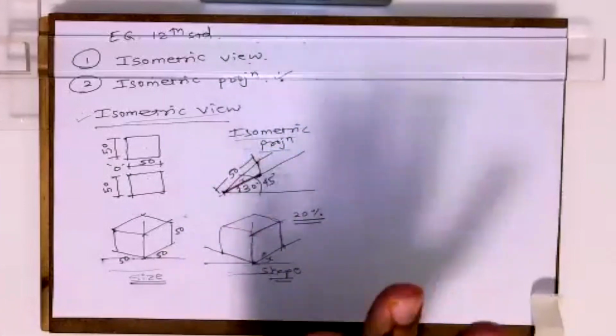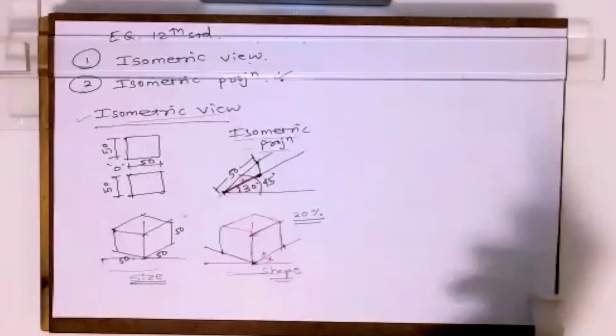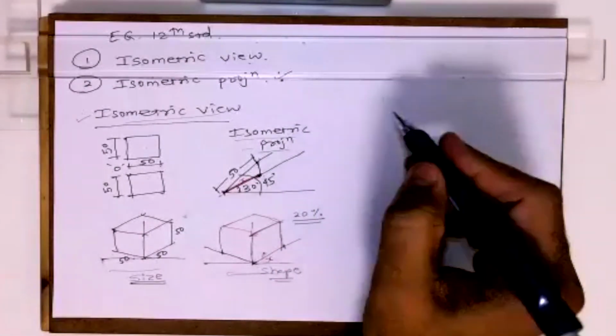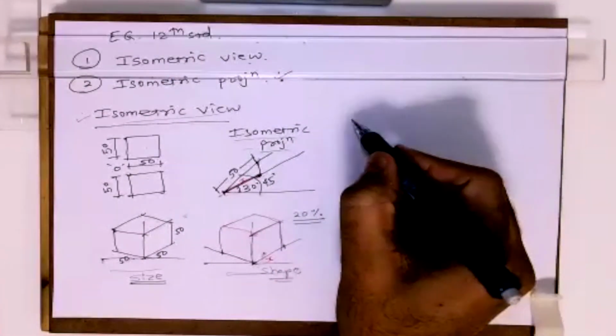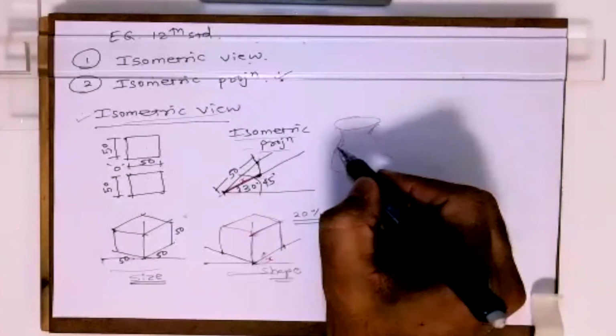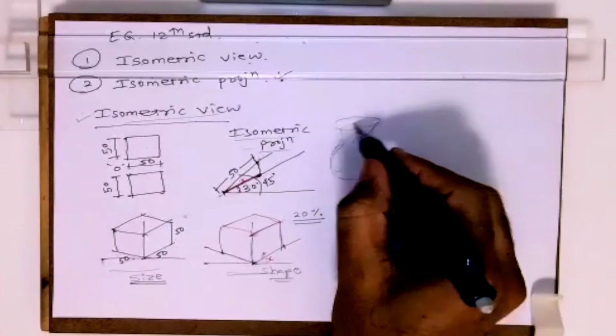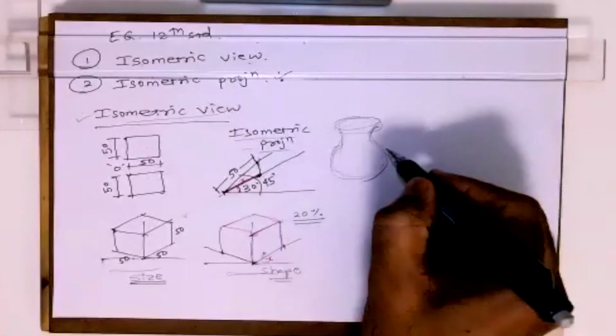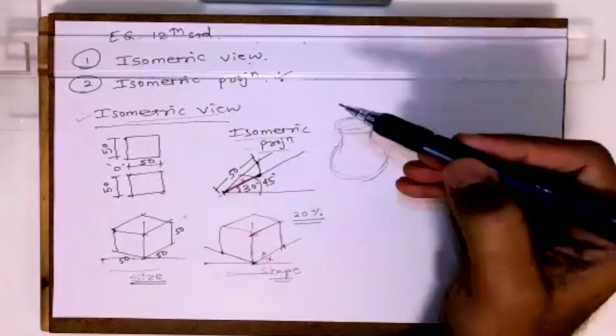So I'll give you one simple example. Let's say I'm an interior designer and I have to make one gold pot, something like this. I got an order and I have to make this pot.